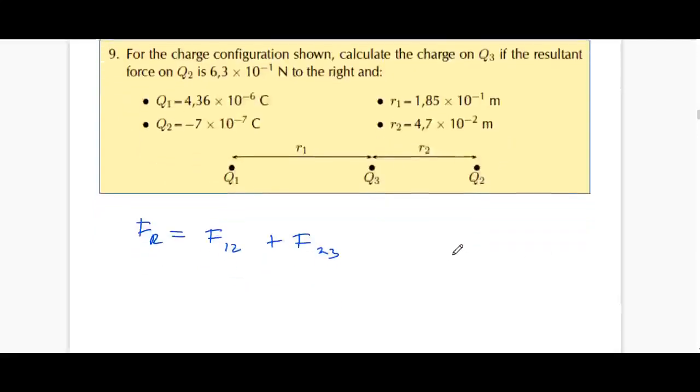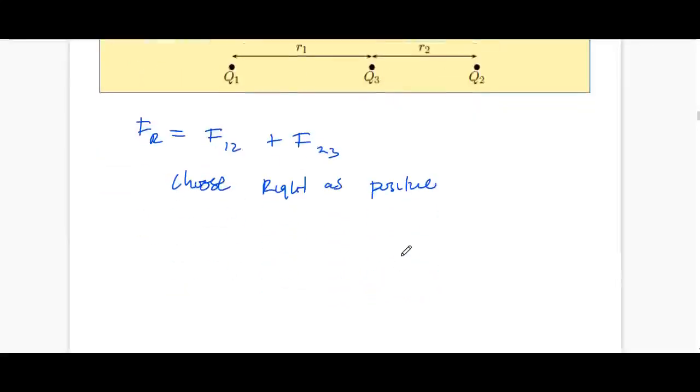So what am I going to do? I'm going to choose right as positive. Okay, choose right as positive.